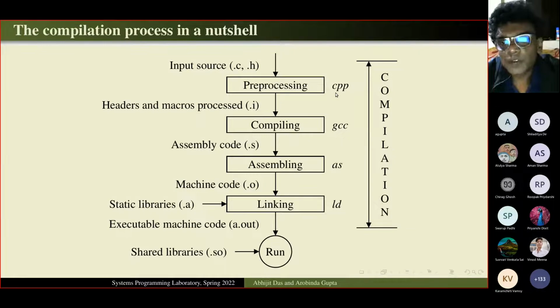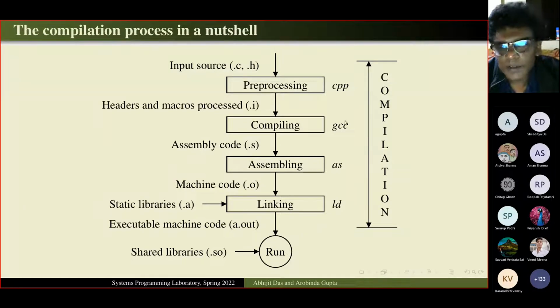And the program that is responsible for this is called CPP, the C preprocessor. Of course, as far as I know, in modern days, GCC itself plays the role of CPP. Still, you will find the CPP command for doing this pre-processing.